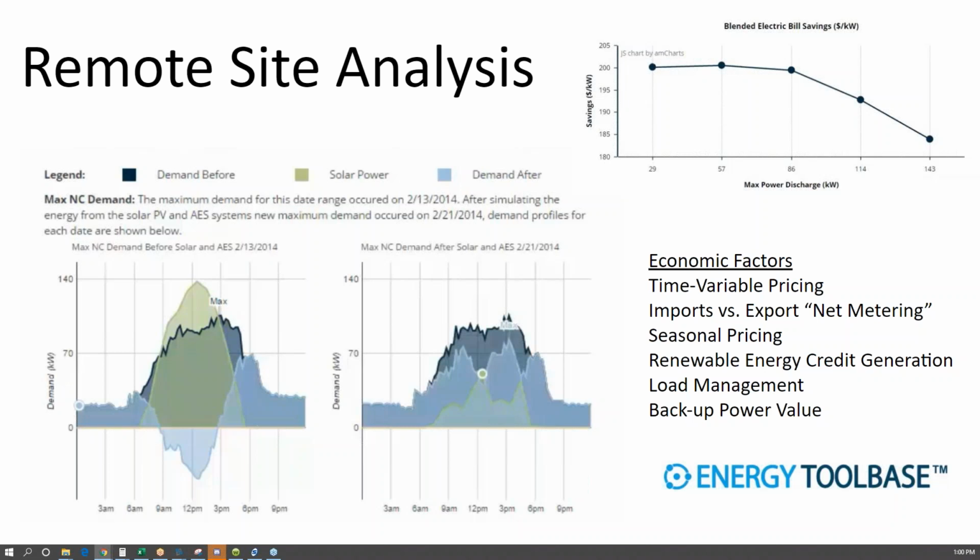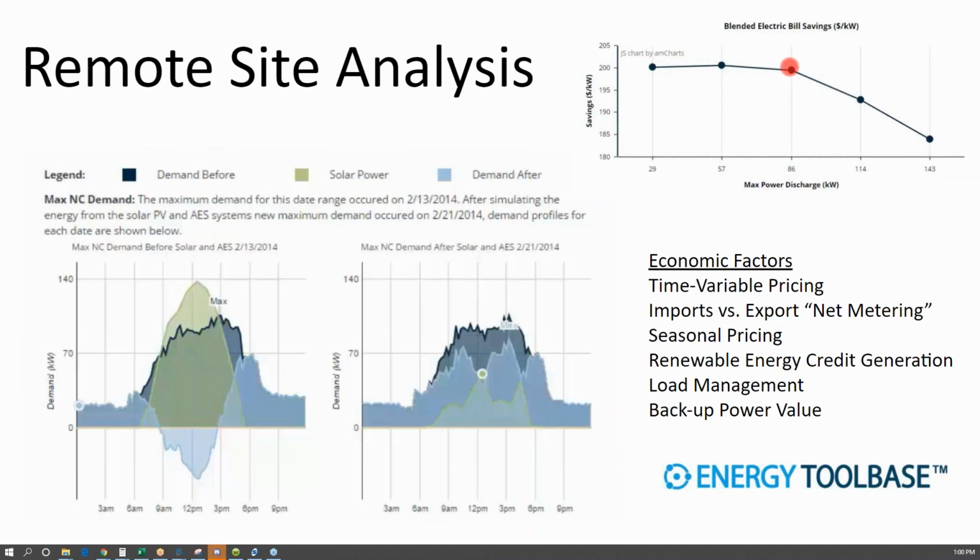We have to use software to assist this design process. And so we have to do economic modeling in order to figure out the right size of the system. What we see here in Energy Toolbase is that the larger the array gets, so this is 29 kilowatts of battery output capacity, 57 kilowatts, 86 kilowatts, the larger the system gets, it's generating at, in this case, $200 a kilowatt hour.